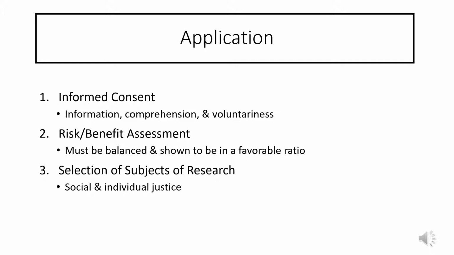Individual justice requires that researchers exhibit fairness. They should not offer potentially beneficial research only to some patients who are in their favor, or select only undesirable persons for risky research.